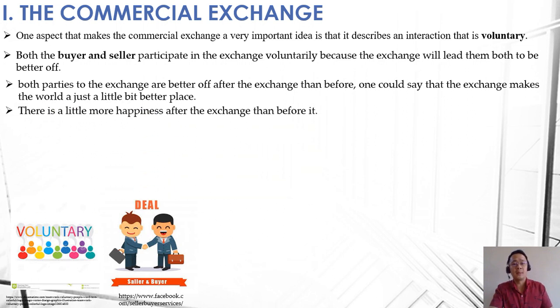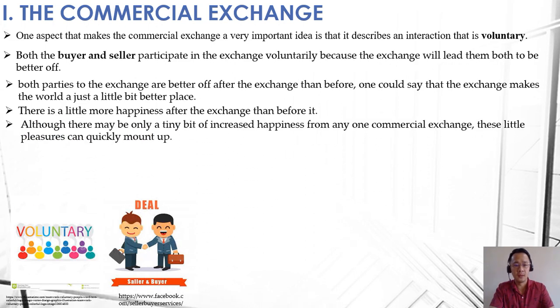There is a little more happiness after the exchange than before, although there may be only a tiny bit of increasing happiness from any one commercial exchange. These little pleasures can quickly mount up.